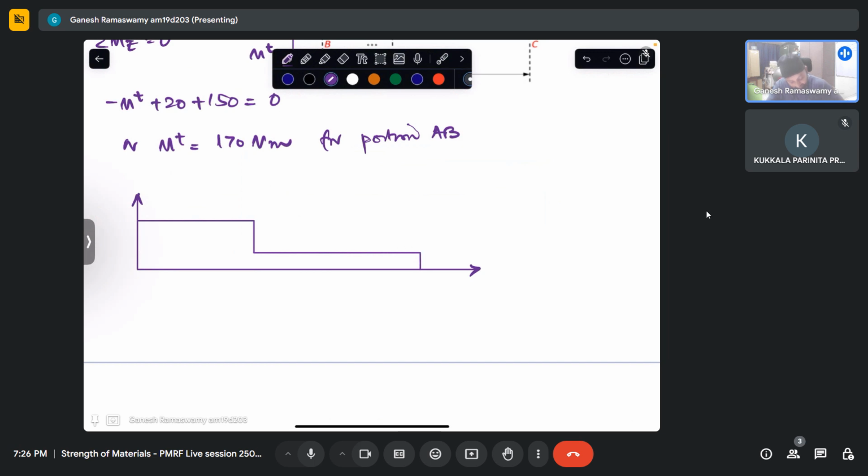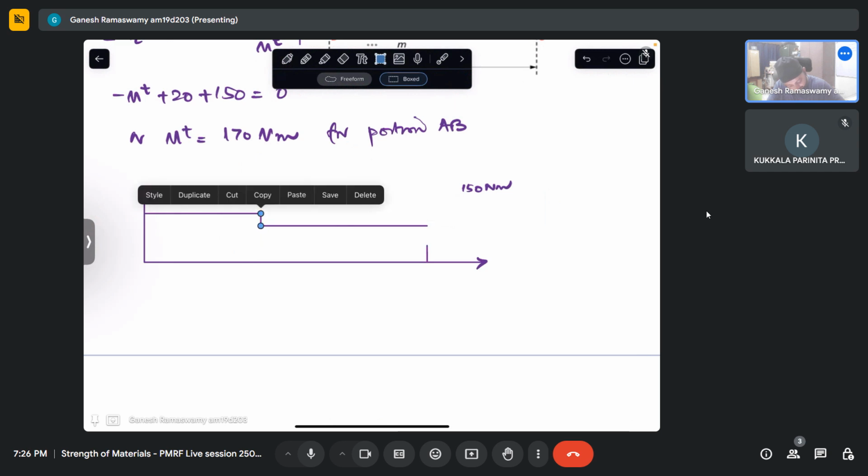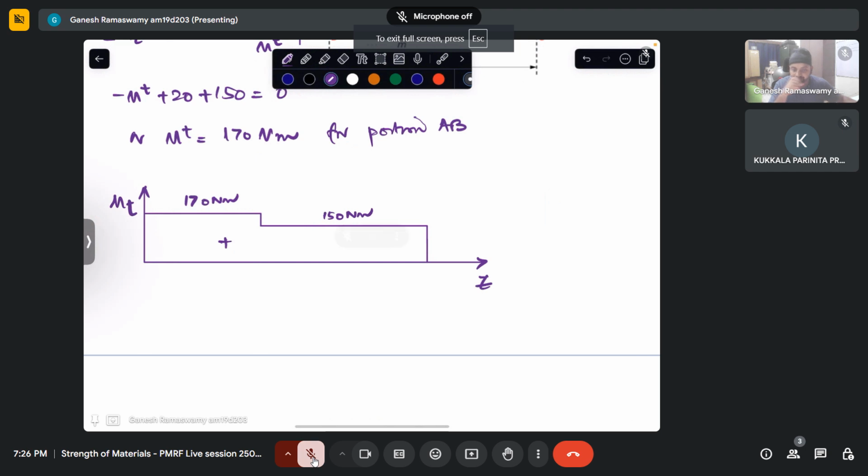Where this is 150. In fact, I should have drawn it to scale. Yeah, this is better. So this is 150 and this is 170. This is positive MT along C. I hope this is clear.